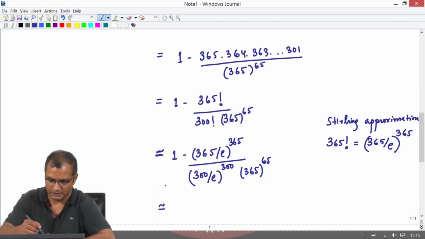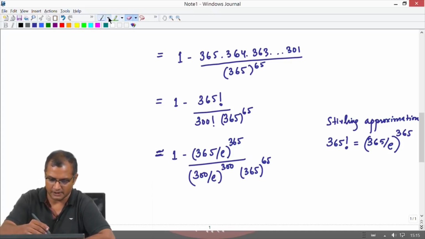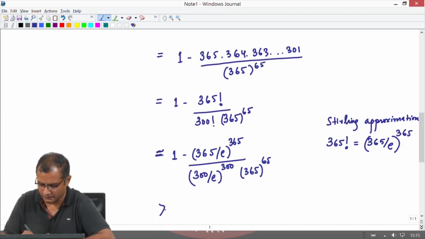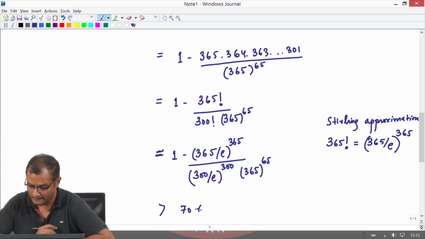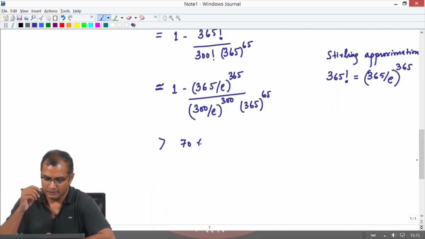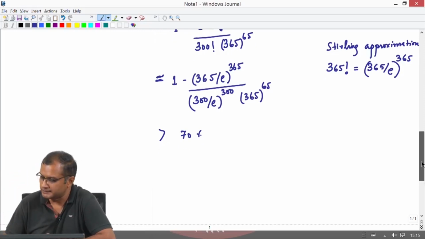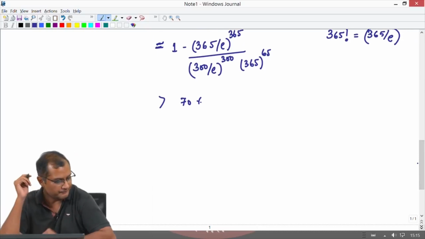The exact answer can be computed by using a calculator, but it would definitely be greater than 70%. Okay. So, this is an example of doing this problem objectively without using any formulas.